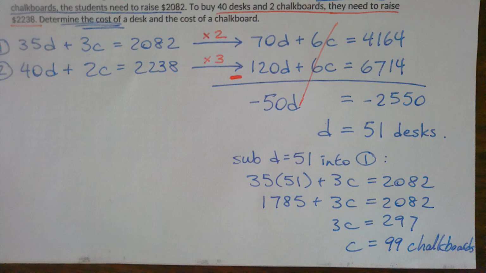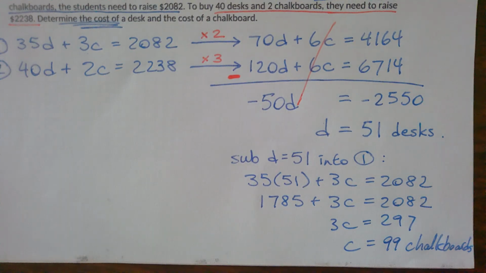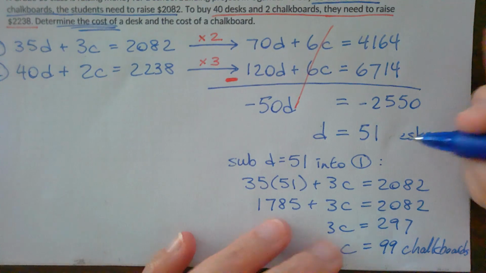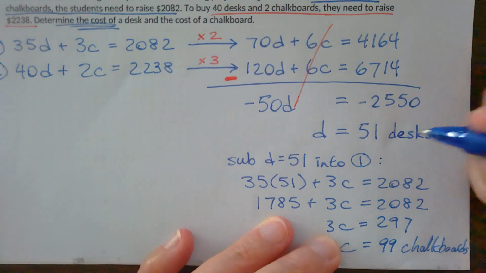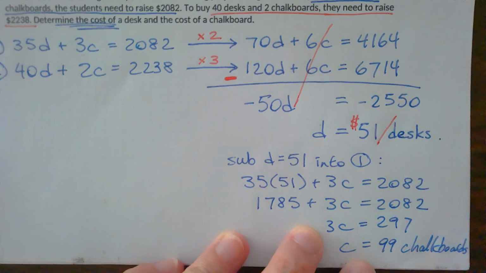Yes, so my units are wrong. What should the units be here? Dollars, right? So this is actually $51 per desk.